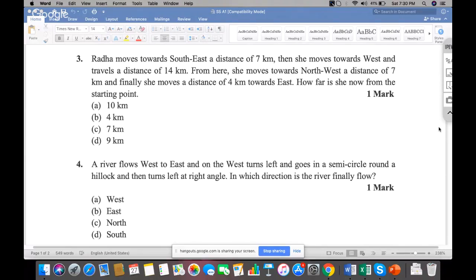Question number 3, what is the answer you are giving? Most of you are giving answer 3A. So Radha moves towards southeast at a distance of 7 kilometers. So southeast. So let me make this. This is origin, this is A, 7 kilometers.